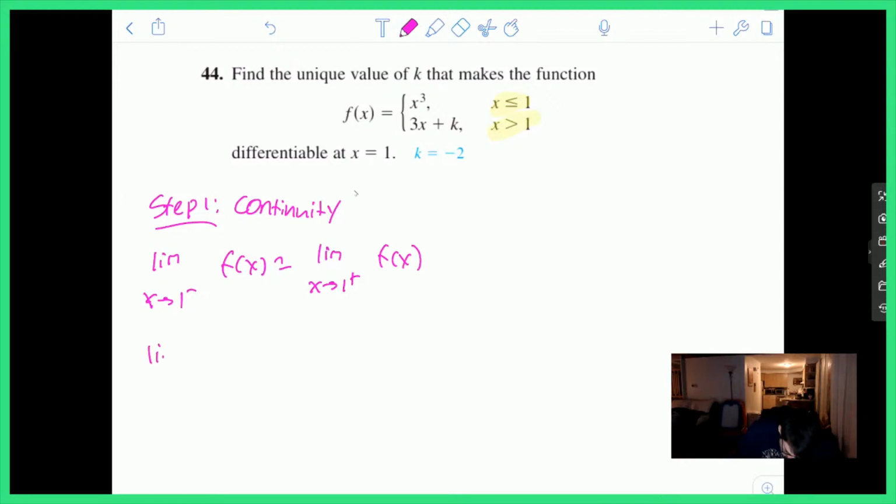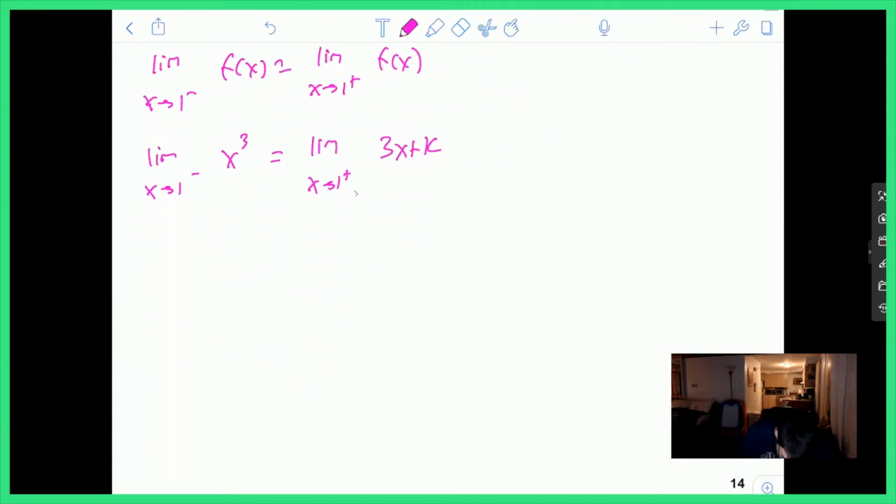So this is the limit as x goes to 1 from the left, x cubed, and from the right, 3x plus k. So if I plug a 1 in here, I get 1 cubed is 1. If I plug a 1 in here, I get 3 times 1 is 3 plus k, and I get k is negative 2.